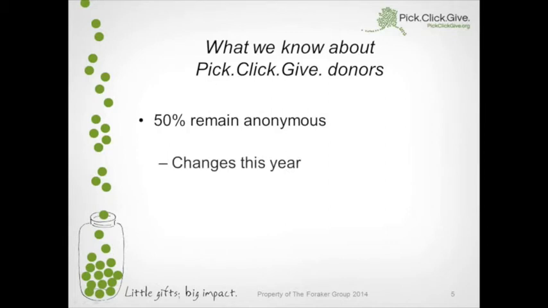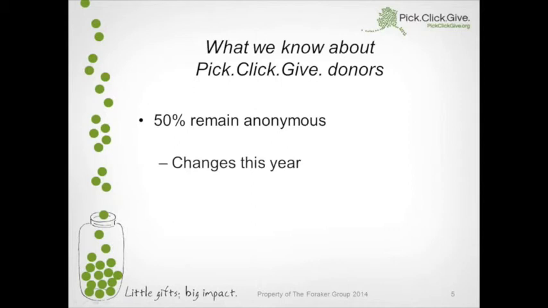There's a couple changes coming up this year around the disclosure process. Previously donors had to choose to disclose their information, and it defaulted to anonymous. So as Pick.Click.Give donors made their donation, there was a box that they had to check to tell us their information.